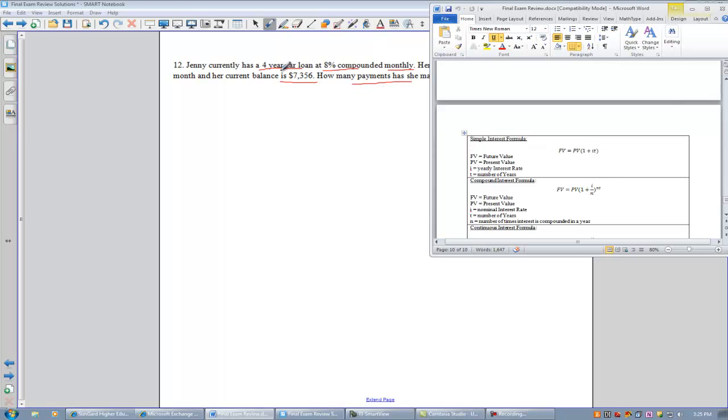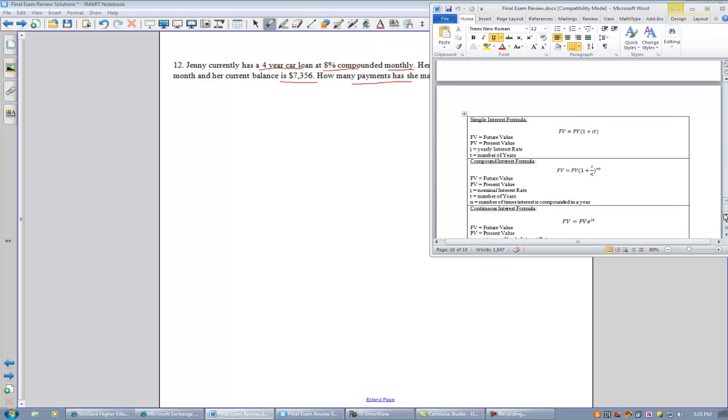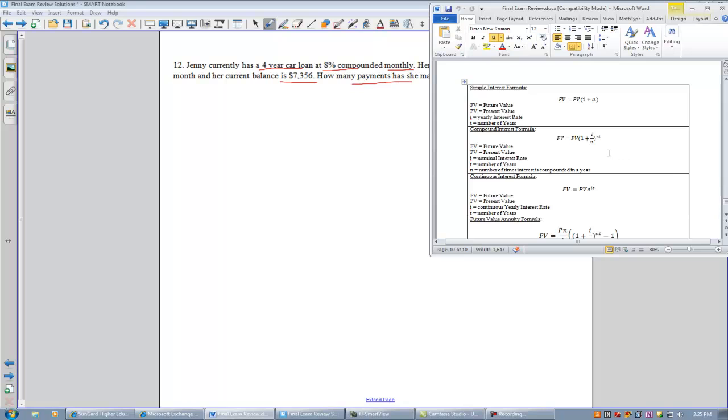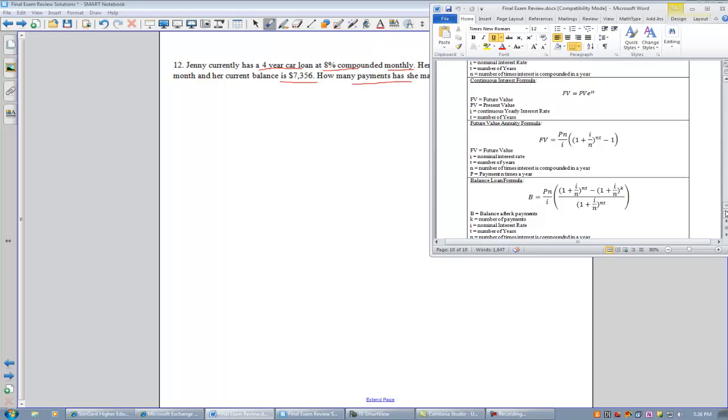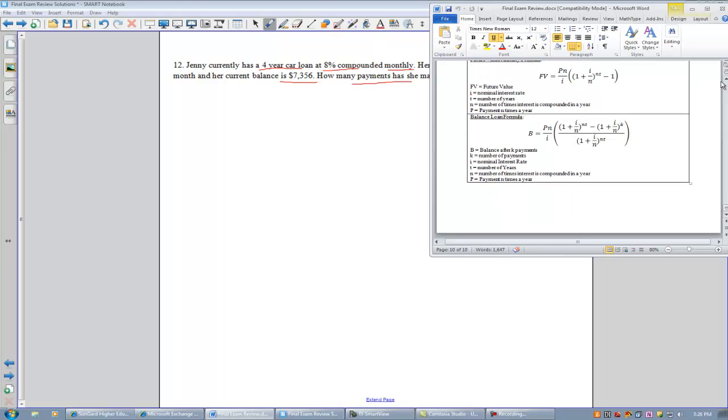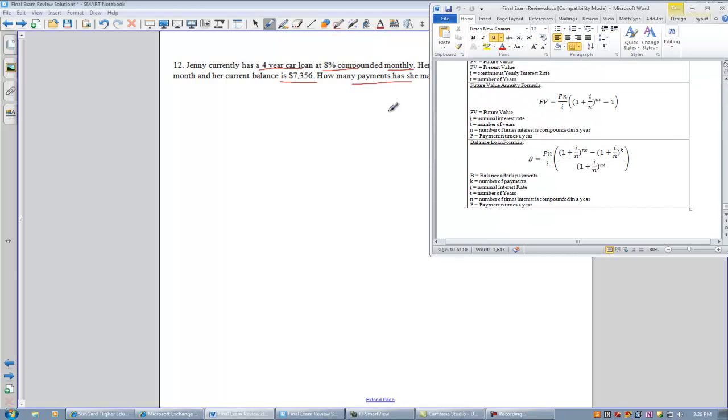Here you have compounded monthly, so you know it's a compound formula, so it could be number 2, but then it talks about a payment, right? So that gets us down here to future value and balance loan. And then remember, on this one it asks how many payments has she made, and this one is the only one that has K, which is the number of payments, so it must be a balance formula.